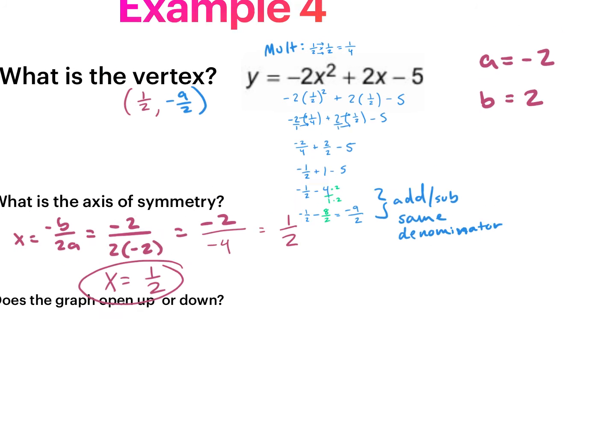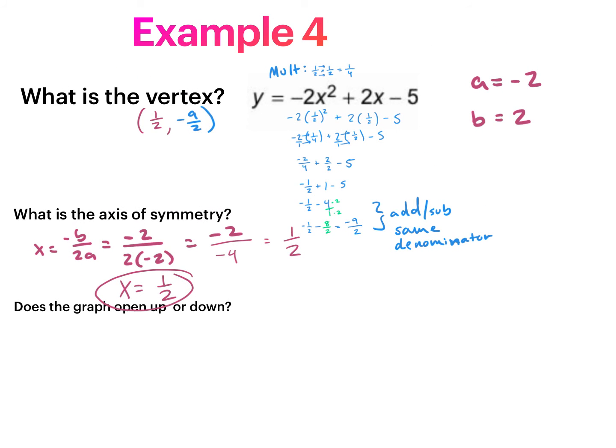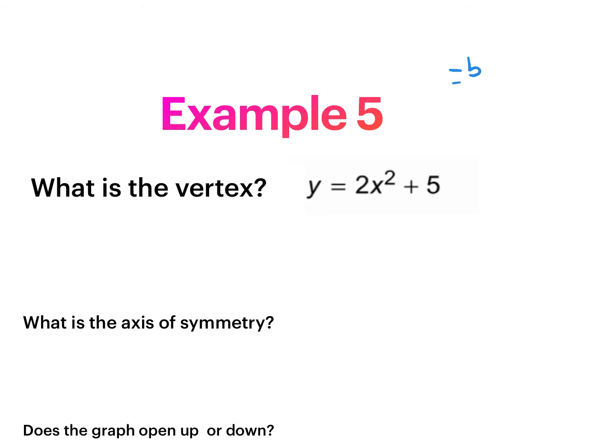Does our graph open up or open down here? How do we know that it opens down? A is negative, so it opens down. So I'm using negative b over 2a. What is my a? 2. And what's my b? 0.